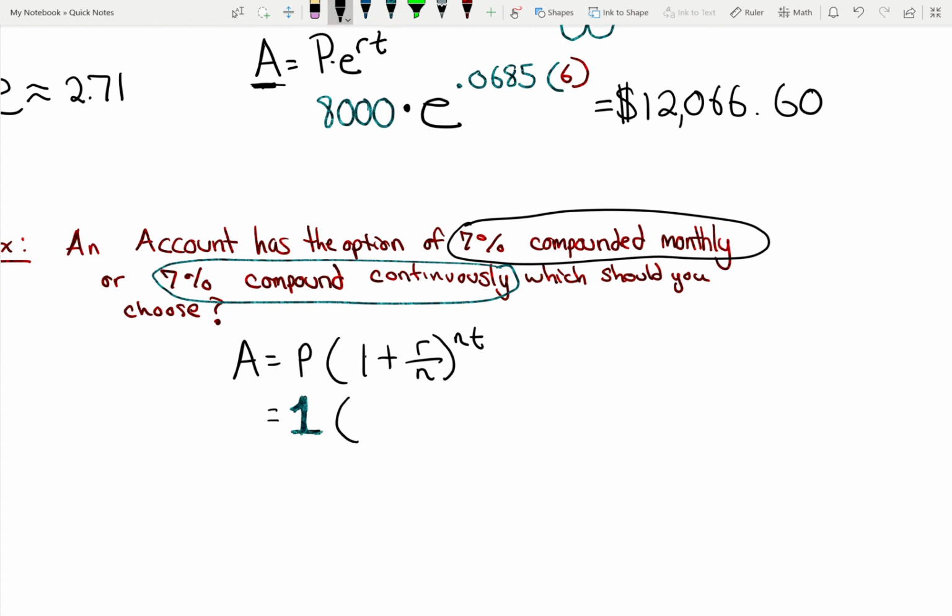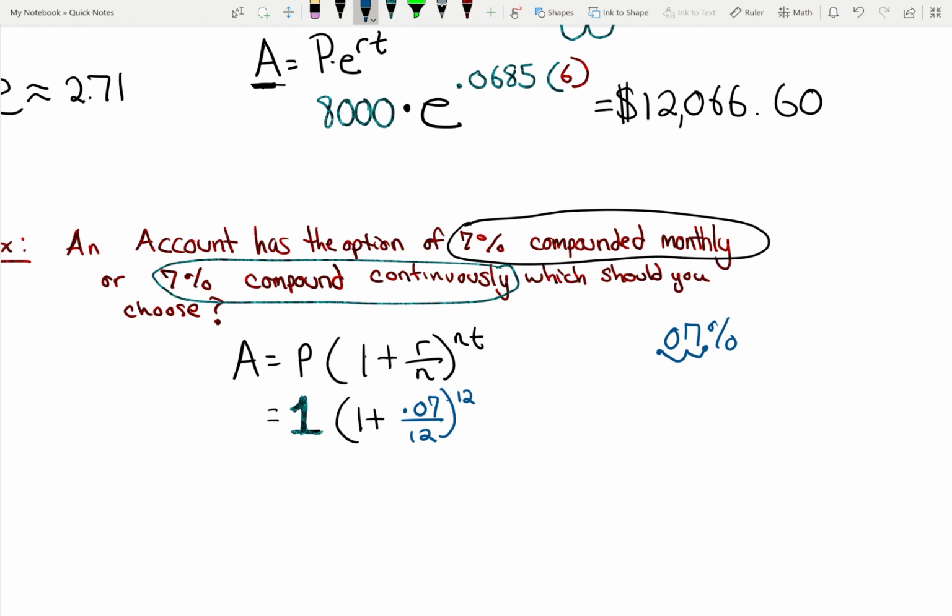All right, so I have 1 times (1 plus, now what is my interest rate? 7%. I'm going to rewrite this in decimal by moving the decimal place over 2 spots. So I have 0.07 divided by 12. n here will be 12 because it's being compounded monthly.